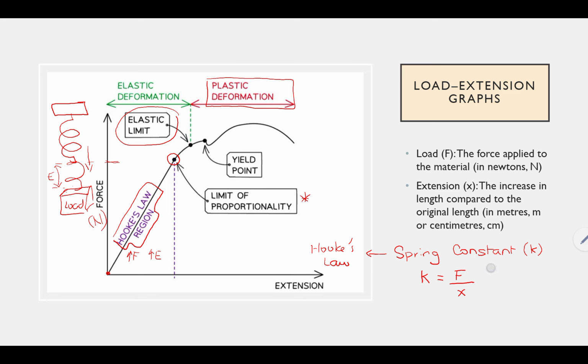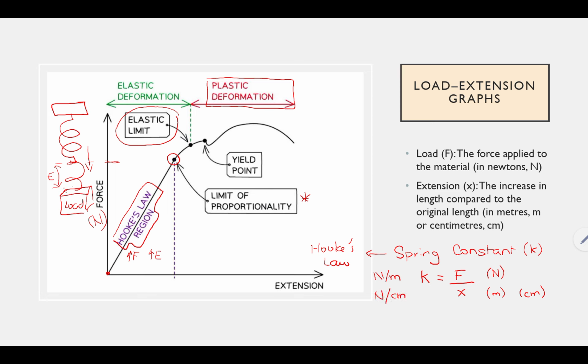If my force is in newtons and my extension is in meters, then my spring constant will be in Newton per meter. If my force is in Newton, of course, but my extension is in centimeters, then spring constant will have the unit Newton per centimeter.